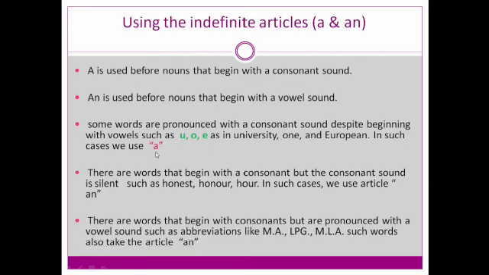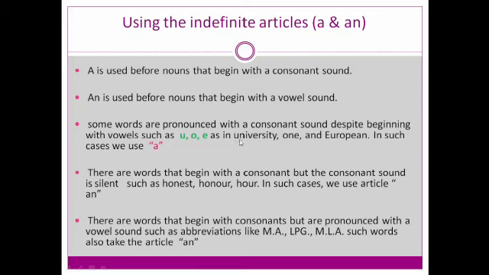In such cases we use a. I told you already, if the sound is consonant, we have to use a. If the sound is vowel, we have to use an. First look at this: university starts with the vowel u. So this word university begins with the vowel u.